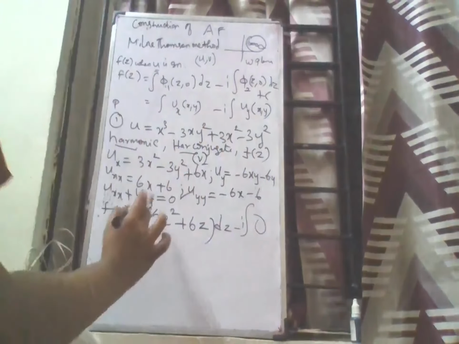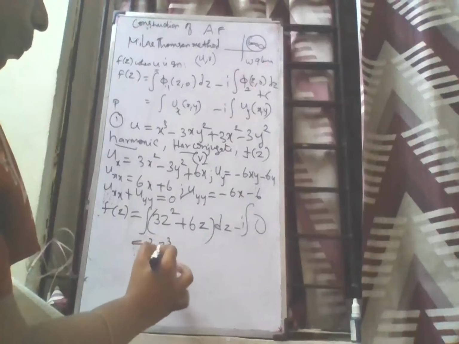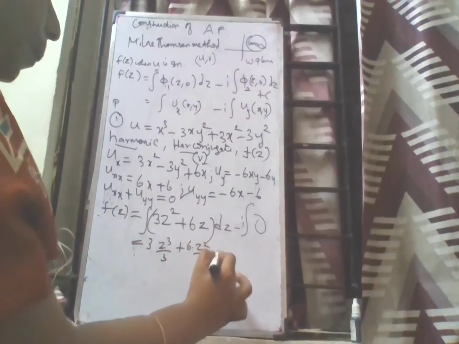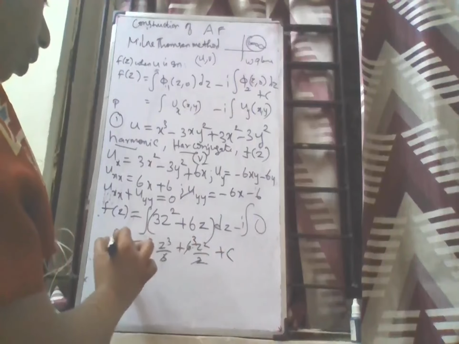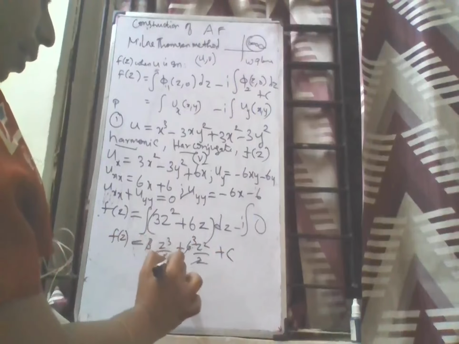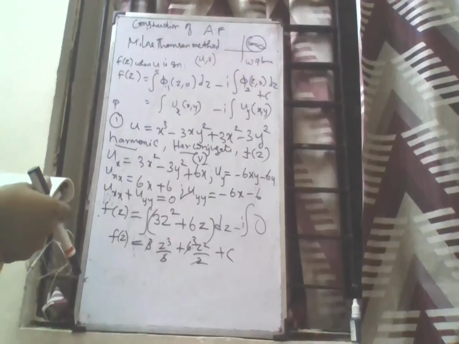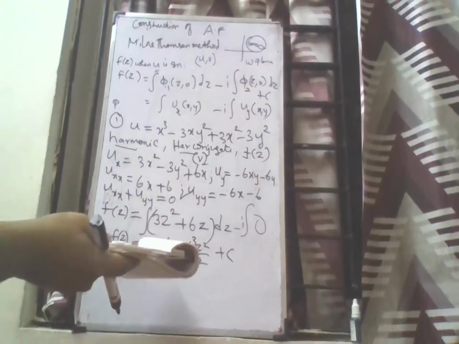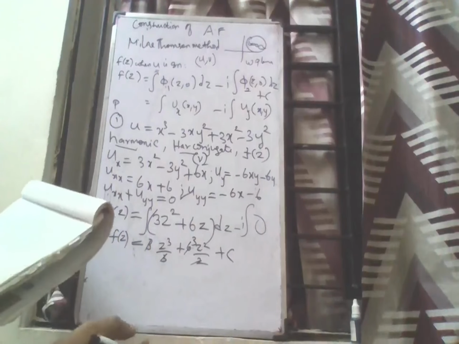Now I got the result, integrate this. 3 into z cube by 3 plus 6 into z squared by 2 plus constant. So the 3s cancel. I got my f of z as z cube plus 3z square plus c. Well and good.